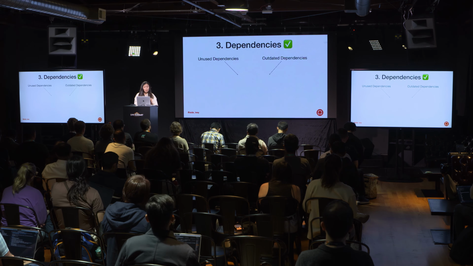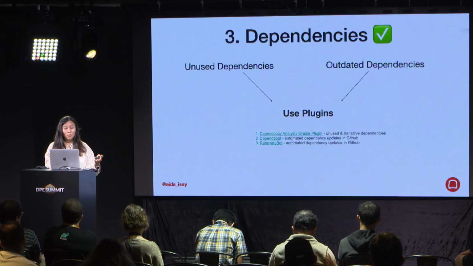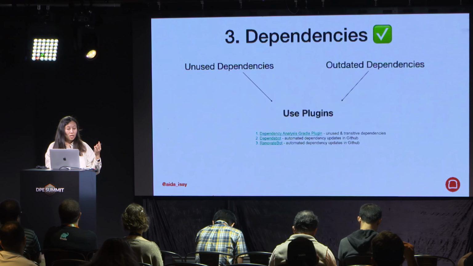The quick win around managing dependencies is to use plugins. This is a list of my favorite plugins that we use at our company. One of them is the Dependency Analysis Gradle plugin, which identifies unused dependencies in your project and also identifies the transitive dependencies. And Dependabot and Renovate bot automatically update your dependencies if you need to. It requires both of them to be set up as plugins.